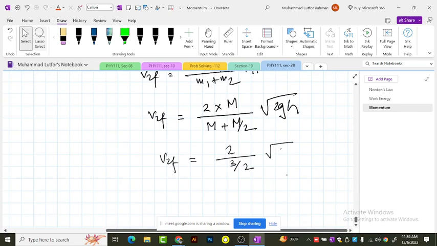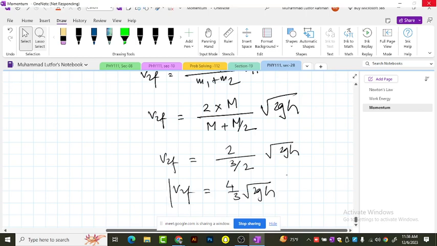Into root over 2gh, then we will find out this v2f is going to be simply 4 by 3 root over twice gh. So that should be those velocities.